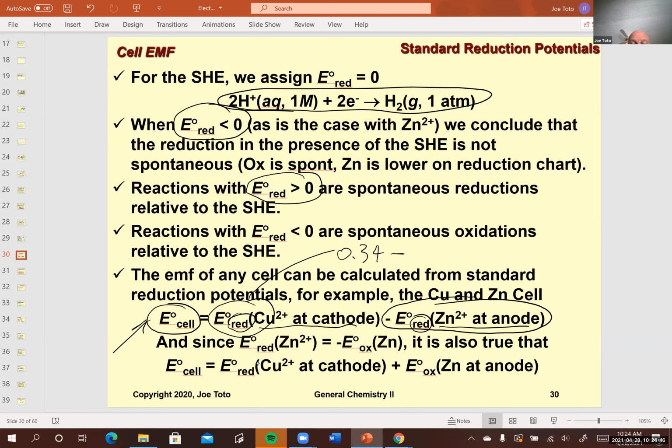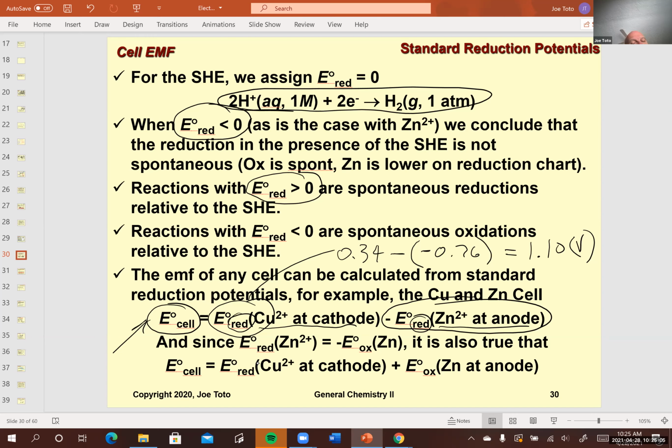So I'm going to subtract, and then I put in the reduction potential, which is minus 0.76, and I see that I'm going to get 1.10 volts, which is what the voltmeter reading gave me. So I can use this equation.